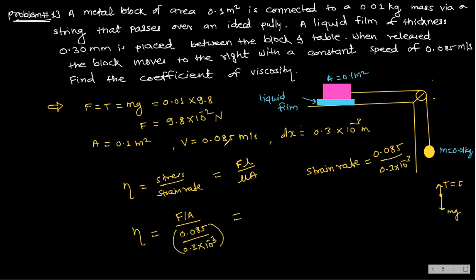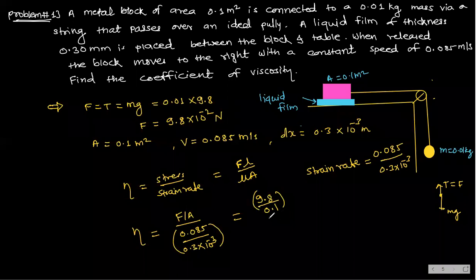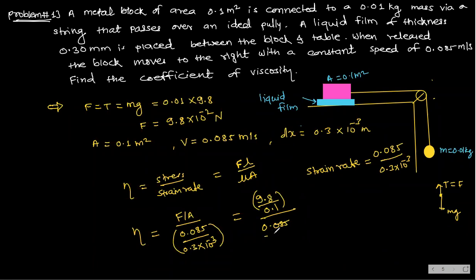And this F by A already we have or no? We have to calculate. So this is 9.8 divided by 0.1 at numerator, and this is 0.085 divided by this 3 into 10 to the power minus 4. This is equal to 9.8 into 3 into 10 to the power minus 4 divided by this is 0.1 means 1 into 10 to the power minus 1.